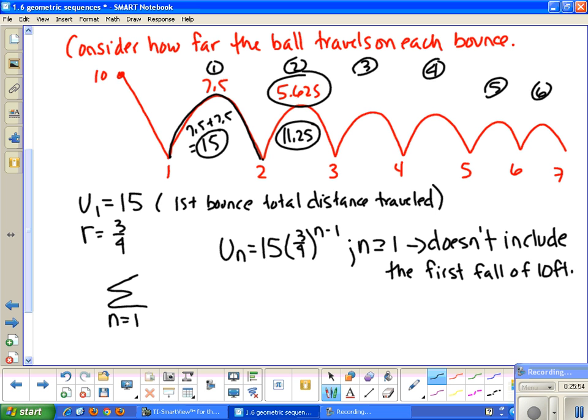So it's the sum from the first bounce all the way to the 8th bounce of the function, and of course we have to add the height that we're falling of 10 feet. So this is what we're solving.